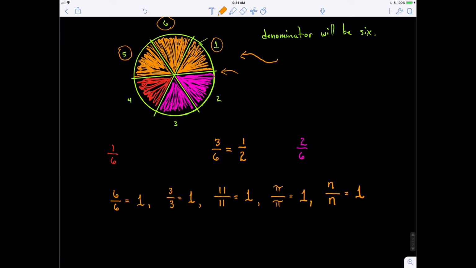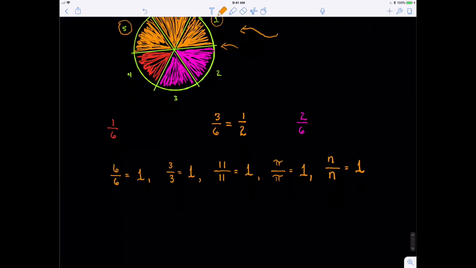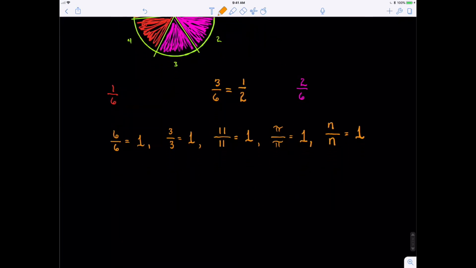Now, keep this in mind. We're going to go one step further. Let's do this. If I take the number 1 and I multiply it by something like 3, what do I get? Well, the answer is very clear. I get 3. What if I take 1 and I multiply it by something smaller like 2? What happens now?